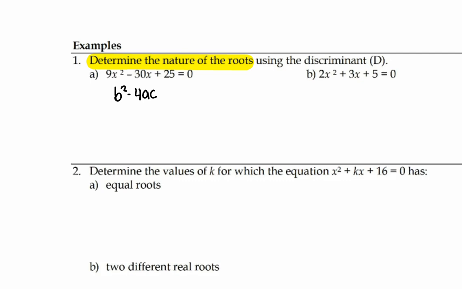In this case, b is negative 30 squared minus 4 times a times c. What does that equal? Plug that in. Zero. So therefore, how many roots are there? One root. One solution. One x-intercept.